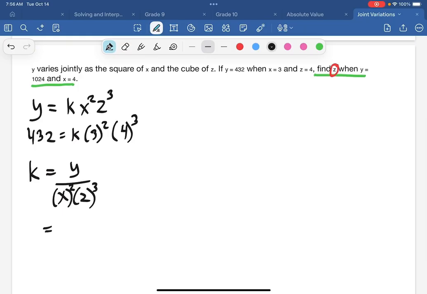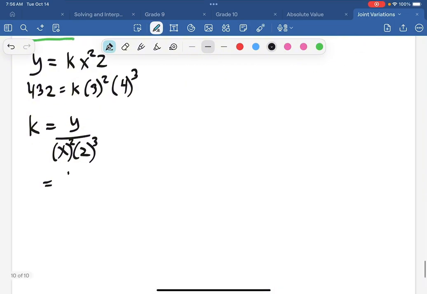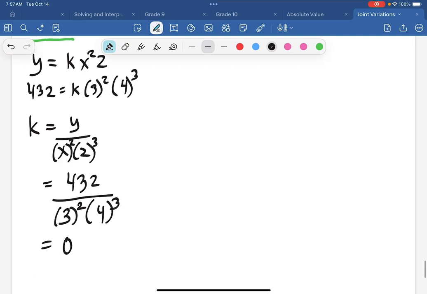So y is 432 over x is 3 squared, and we have 4 cubed. Again, you're allowed to use a calculator, so for this one I'm just gonna use mine. So 432 divided by 3 squared times 4 cubed, and the answer is still 0.75.